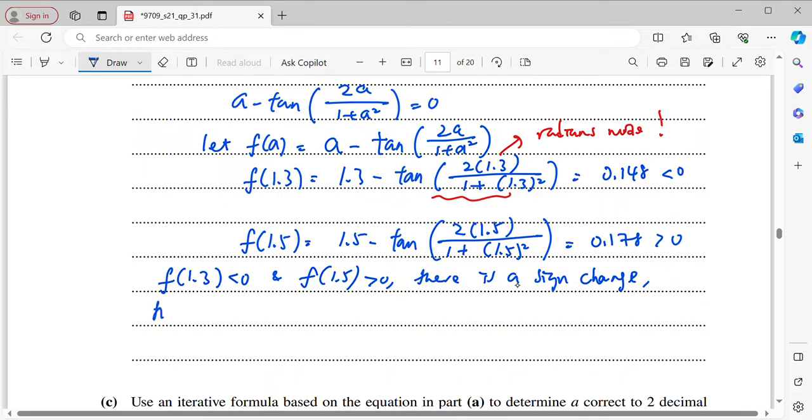So hence, A lies between 1.3 and 1.5. Okay, so this is the way to prove that a root lies between two numbers.